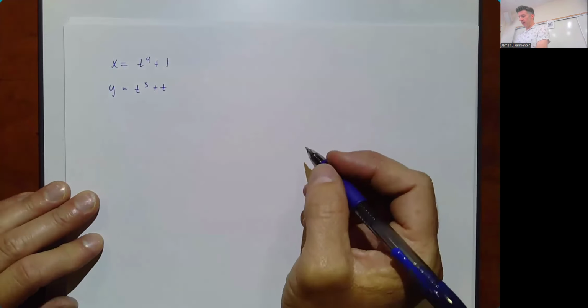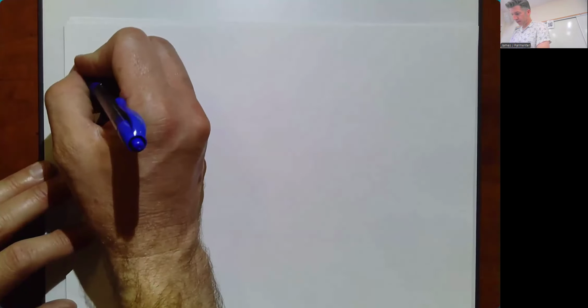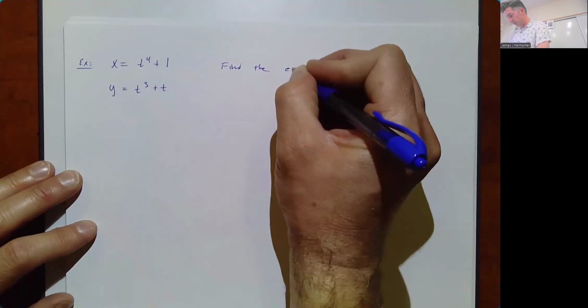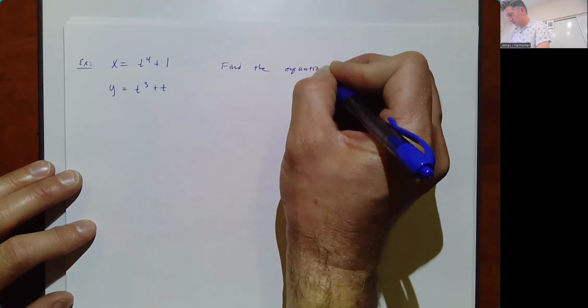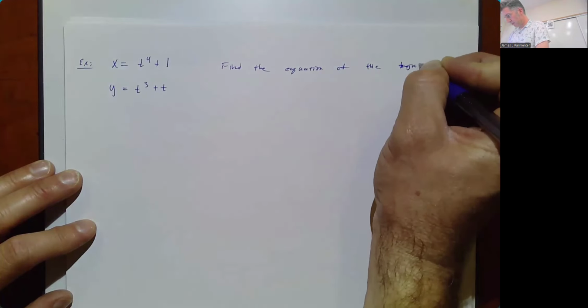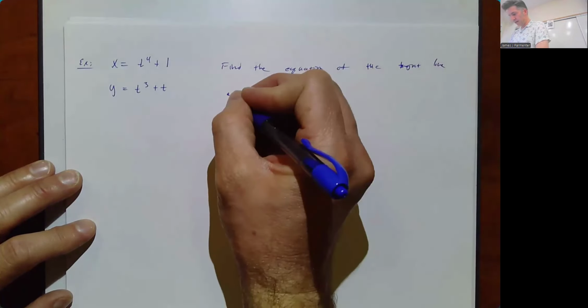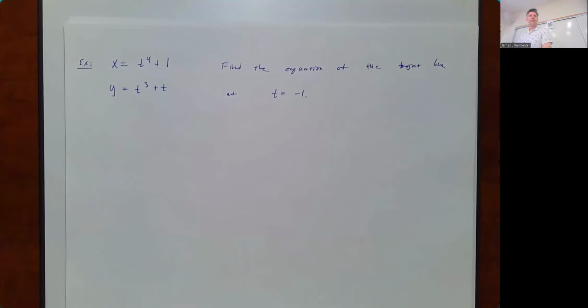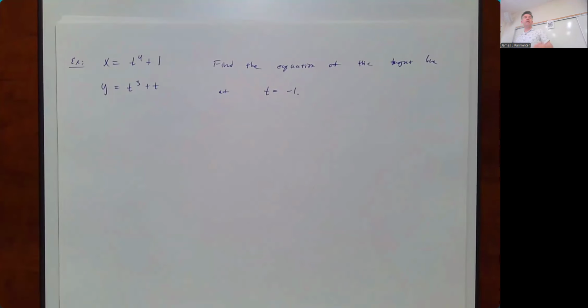We're going to start off by finding the equation of the tangent line at t equal to -1. So finding the equation of a tangent line isn't different than it was before. We still need to find a point and a slope.